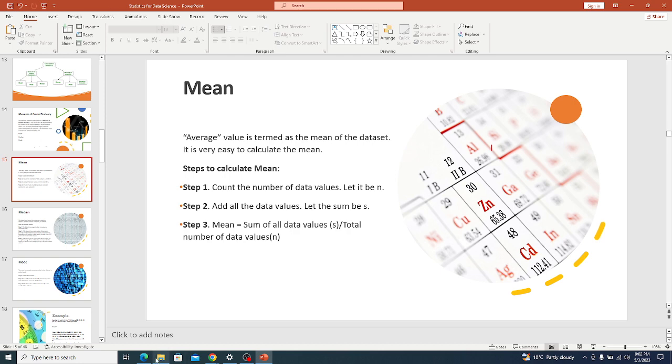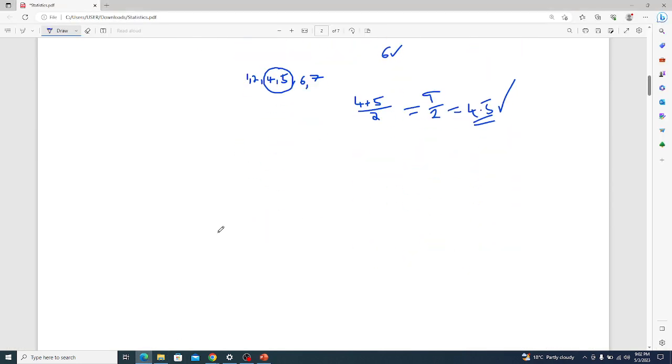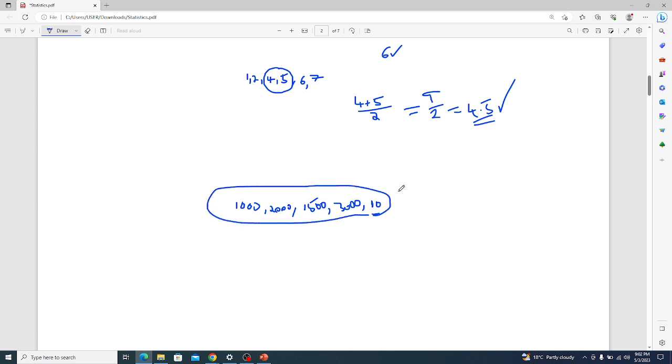For example, if we had these values: 1,000, 2,000, 1,500, 3,000, and 10. You can see this value. When we calculate the mean, it will bring the mean too low, meaning it will affect our mean.